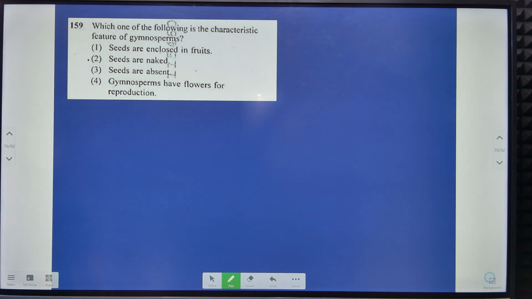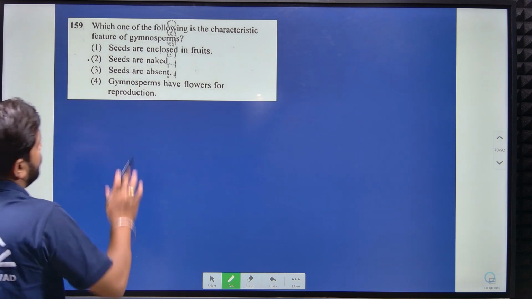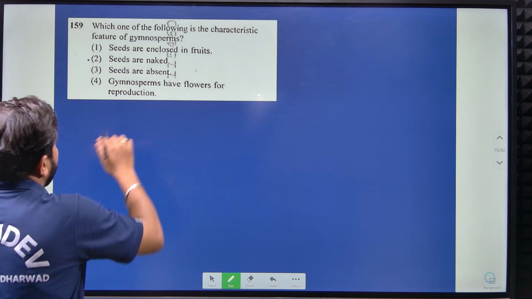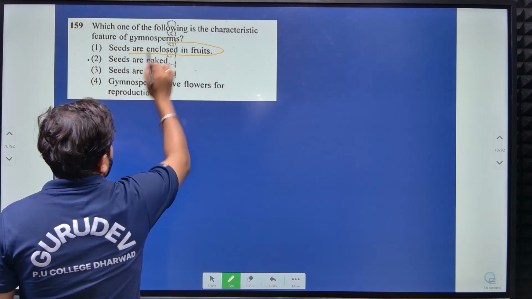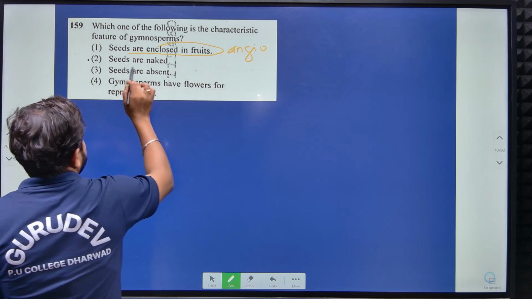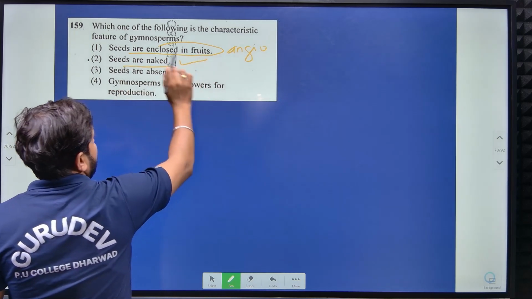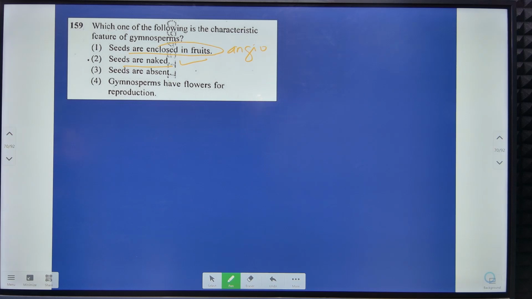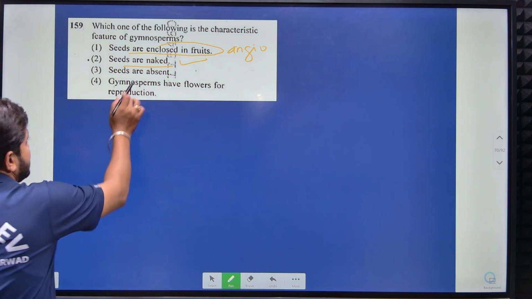Then which of the following is a characteristic feature of gymnosperm? Seeds are enclosed in fruit. No, that's a characteristic of angiosperm, right? Seeds are naked. Yes, the seeds are naked because there is no formation of fruit. Seeds are absent.